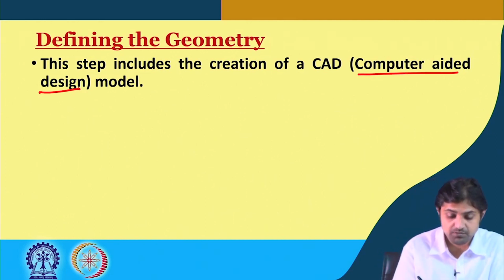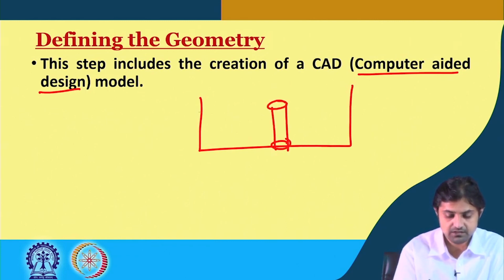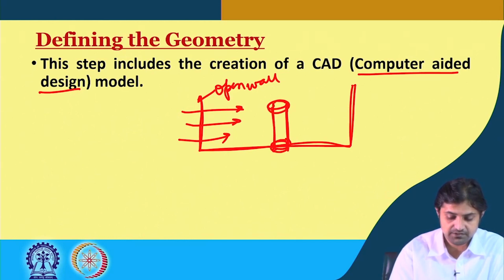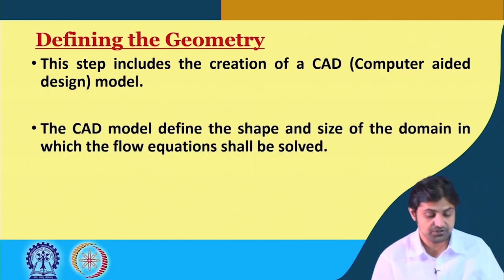For example, suppose there is a tank, right, and there is a pier, and this is open. I am just drawing it in 2D, assume it is 3D, and flow is coming through this. So you will have to define this tank and this, all right. You can do it using CAD models, and this is defining the geometry.